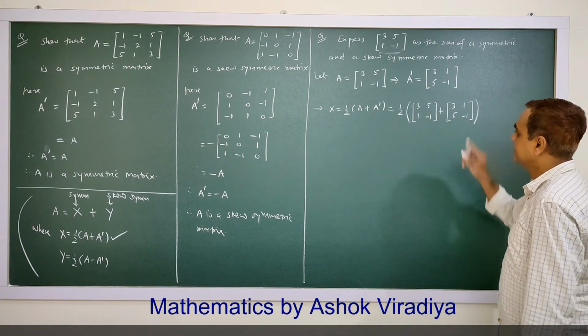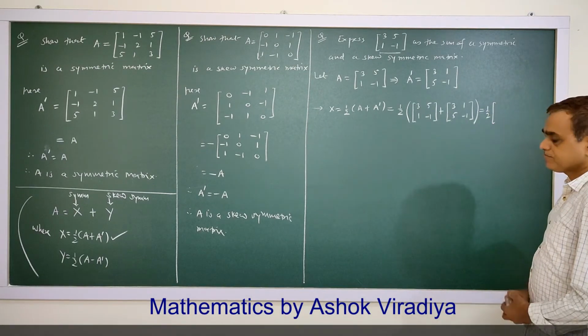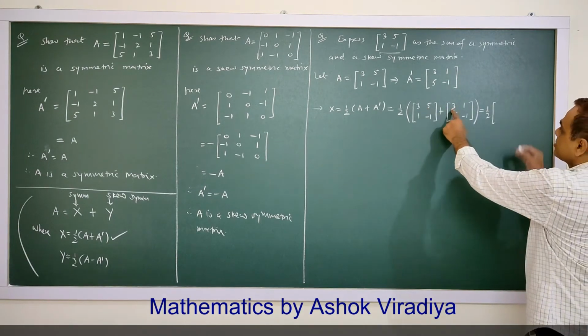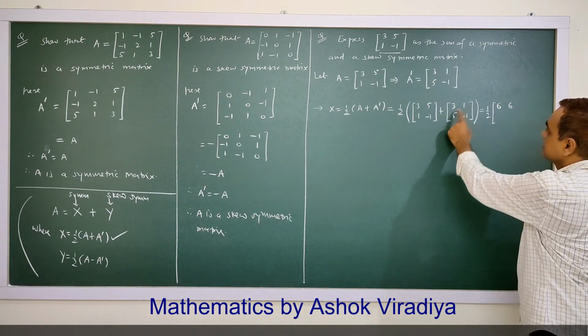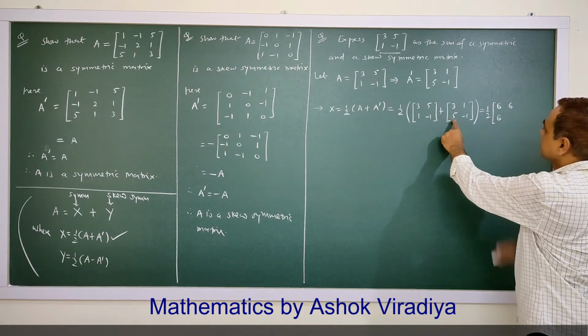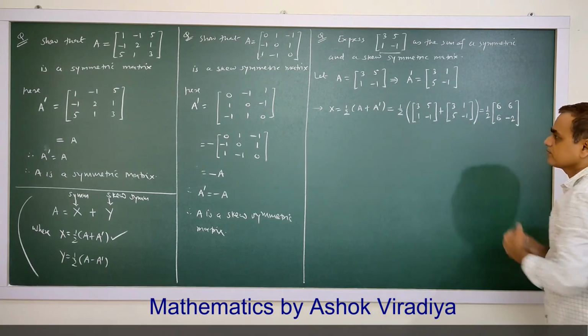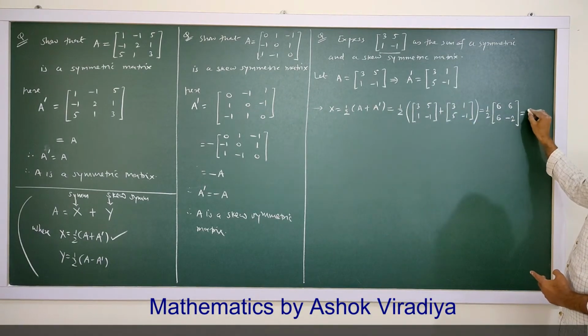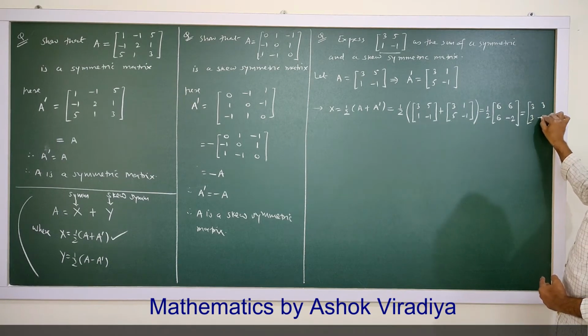So it is 1 by 2 times [3 plus 3, 6; 5 plus 1, 6; 1 plus 5, 6; minus 1 plus minus 1, minus 2]. So this is [3, 3; 3, minus 1].